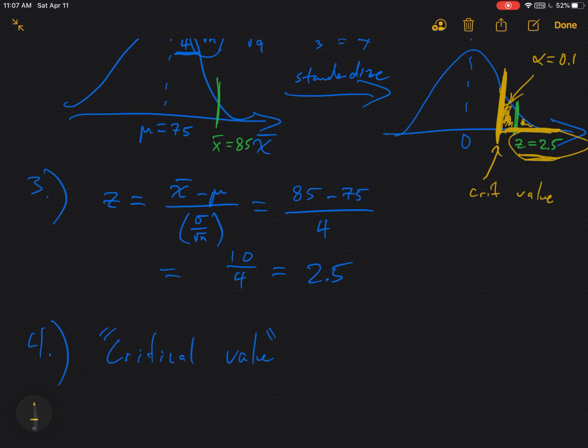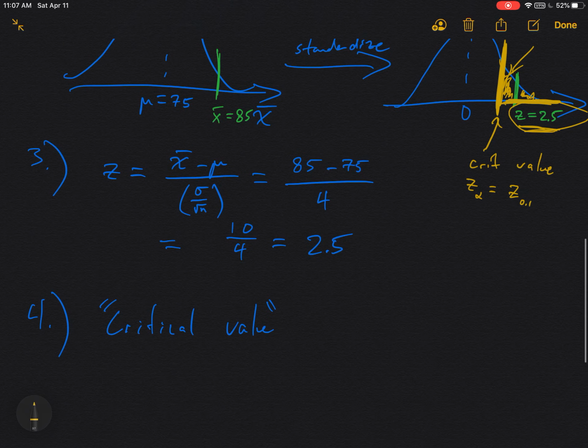And let's think about how we should come up with that critical value. The critical value is supposed to be the z-value that has 10% of the area to the right of it. This is usually written as z sub alpha. In this case, that would be z sub 0.1. And remember that the subscript is the area to the right of this z-value.